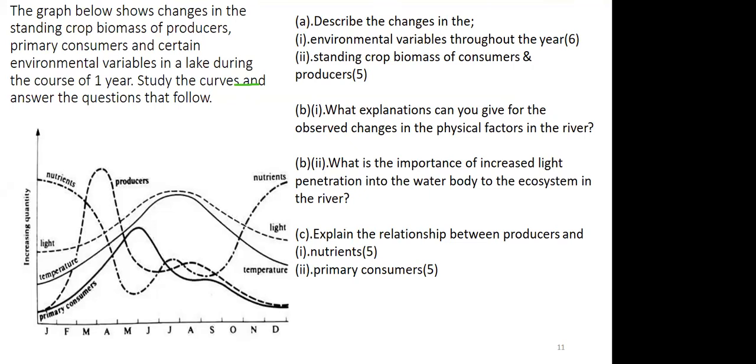What do I mean? We say that as the population of the producers increases, then that of the primary consumer also increases, meaning that an increase in the population of producers results in an increase in the population of the consumer. Because remember, the producers have to be high in number so that the consumers can easily get food. You get that point? Yes, teacher.